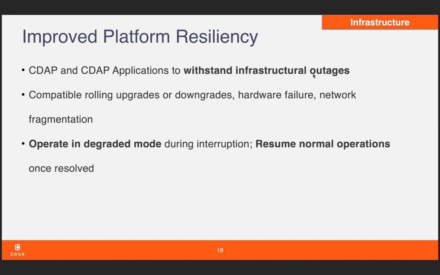Anytime there are compatible rolling upgrades or downgrades, hardware failures, or network fragmentation, CDAP as well as CDAP applications will continue to run in a degraded mode until the error is resolved. Once the issue has been resolved, it will resume normal operations.